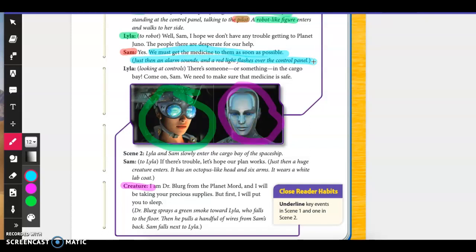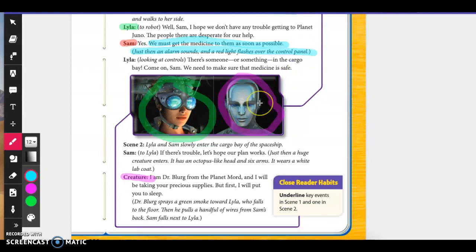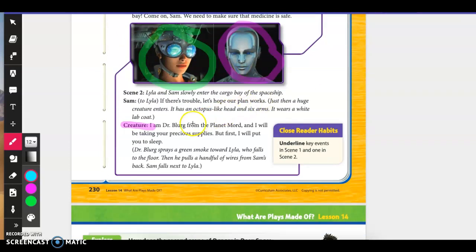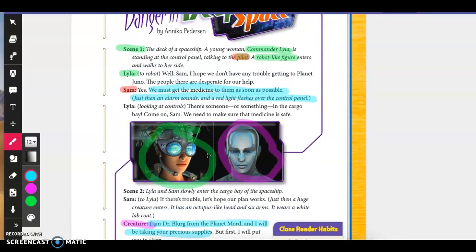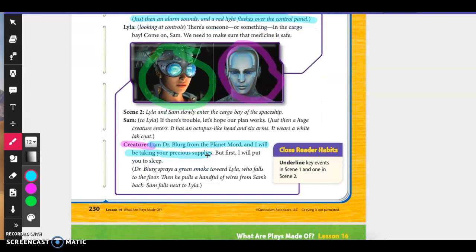This is the most important thing that happens in Scene 1. In Scene 2, we see where the creature says, "I am Dr. Berg from the planet Mord, and I will be taking your precious supplies." Those are the 2 most important things that happen in Scene 1 and Scene 2.